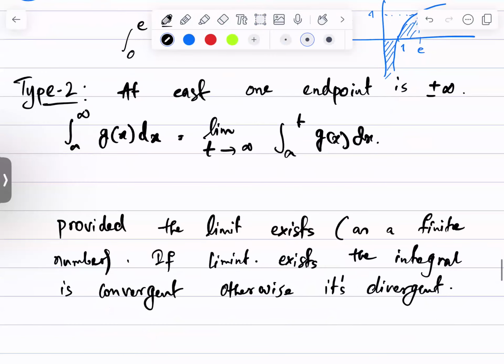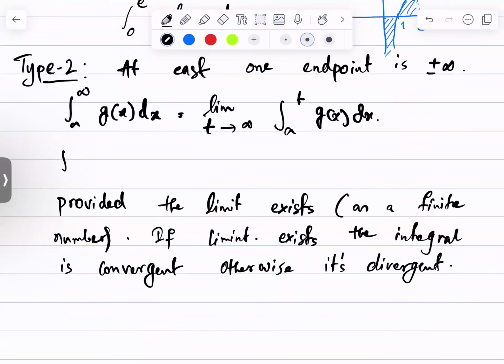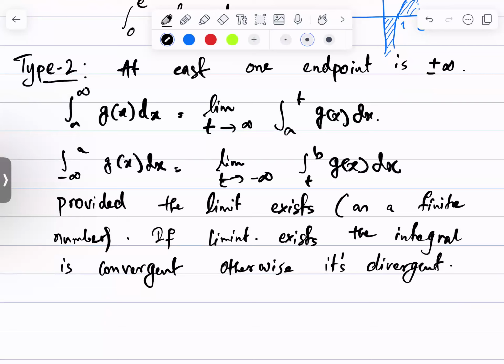Kind of the same logic as we have used for vertical asymptotes. And if you have, say, the integral from negative infinity to b of g(x) dx, then you will do the same: limit t tends to negative infinity, t to b of g(x) dx.